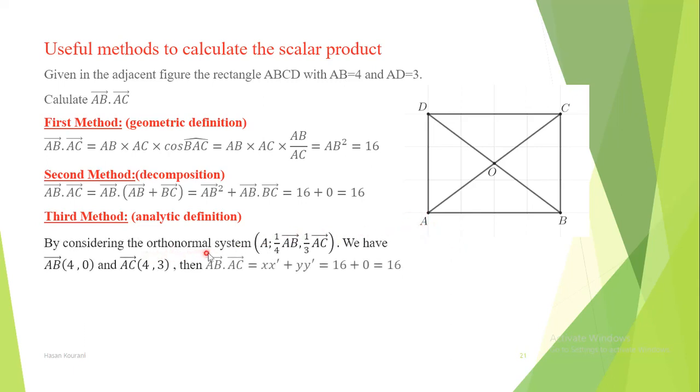If we consider the orthonormal system A, 1 over 4 AB, that represents the reference vector of the x-axis, and 1 over 3 AD, it must be AD, this is a mistake here, we get the coordinates of these points A, B, C, D. After that you can find the coordinates of AB and AC.